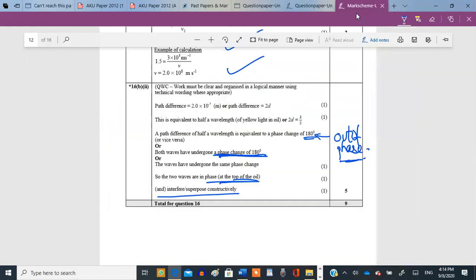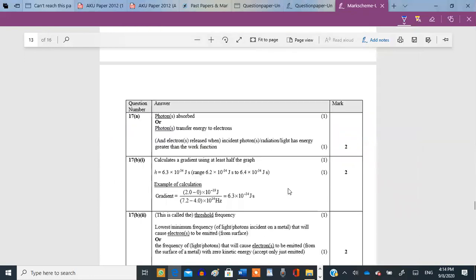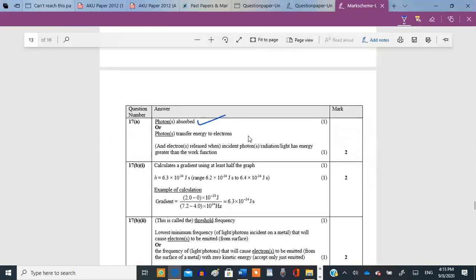Let's see the definition which is given over here. It says that photons are absorbed, energy is transferred to the electrons, electrons are released when the incident photon has energy greater than the work function. Well, now let me explain what the work function is.